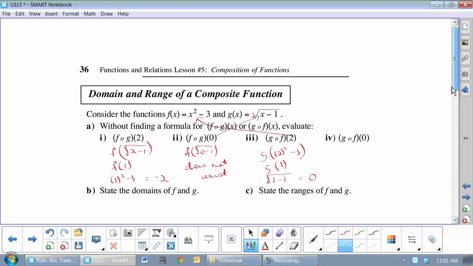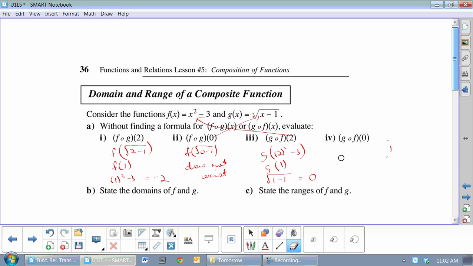Okay. Now, g of f of 0 means we're going to put 0 into f of x, right? So that would be g of 0 minus 1. So that does not exist either, because you cannot take the square root of negative 1. I screwed that up.